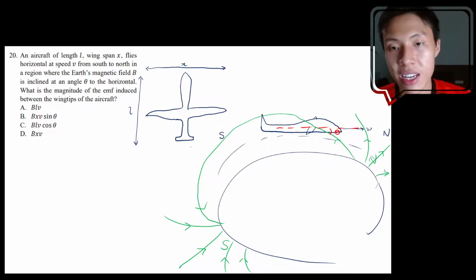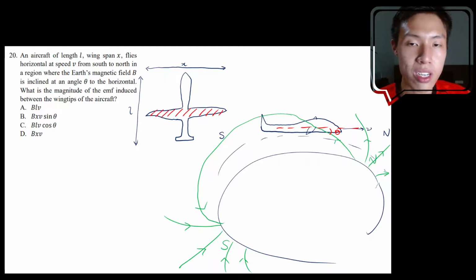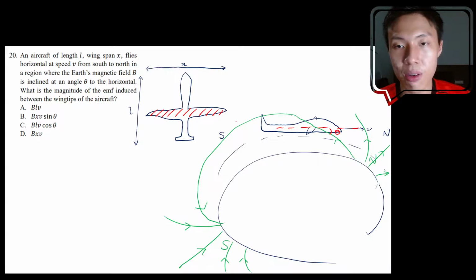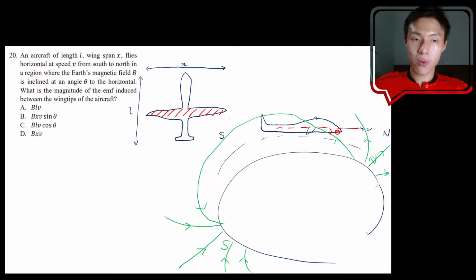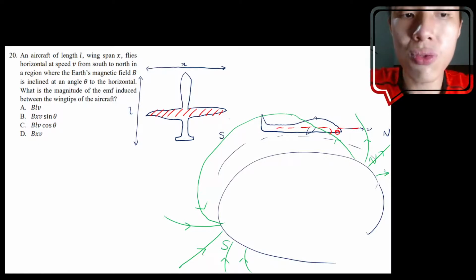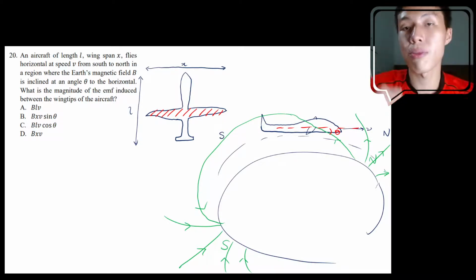So right now they want the EMF across the wingtip of the craft. To imagine the situation, you can think of it as a moving linear conductor. When the wings are swiping through the sky, they are swiping through a magnetic field.